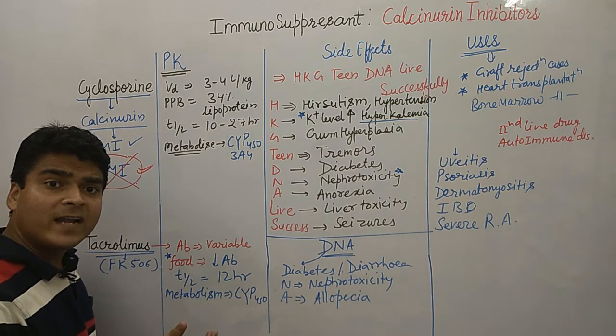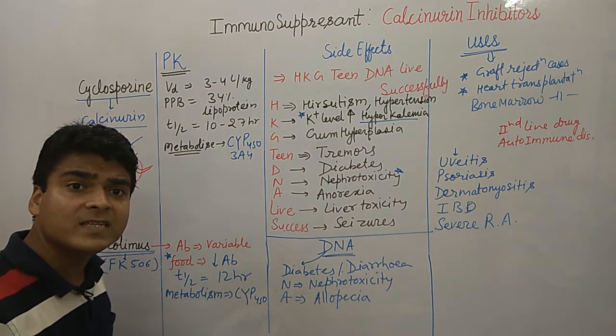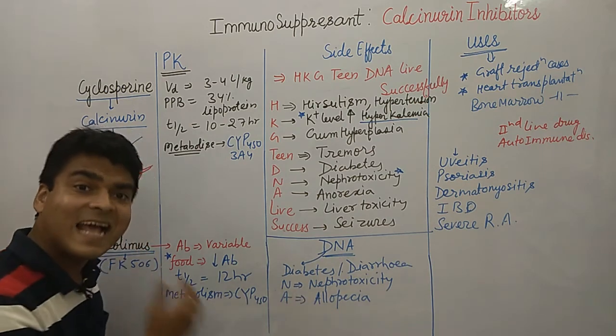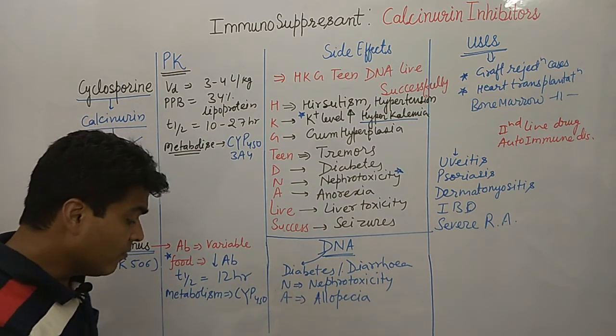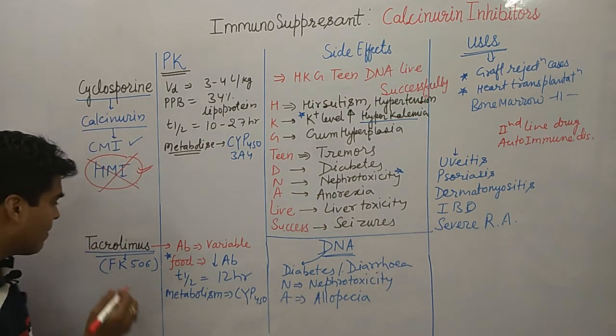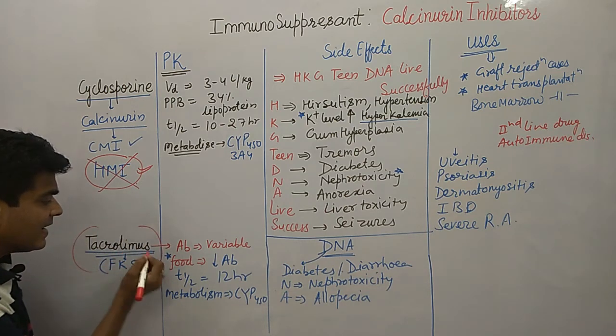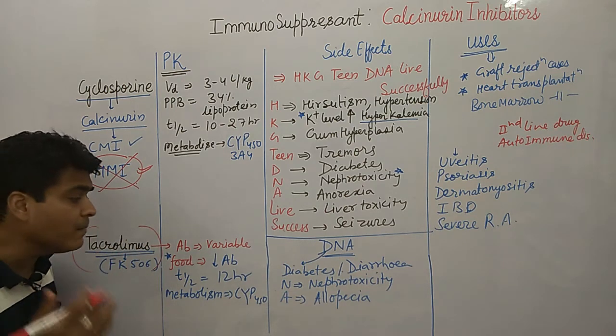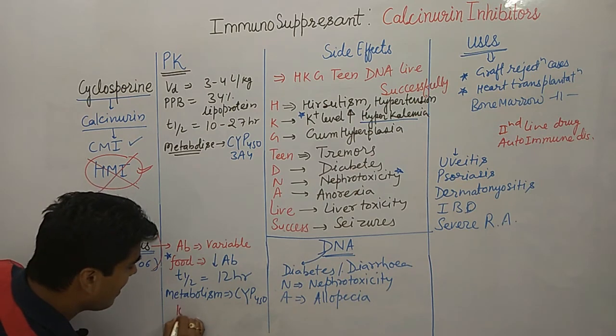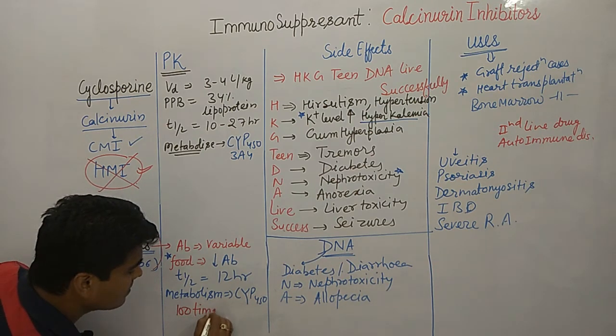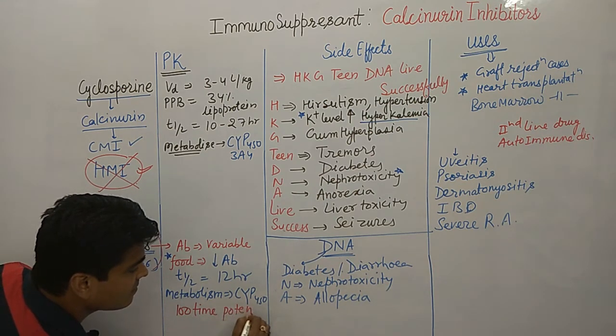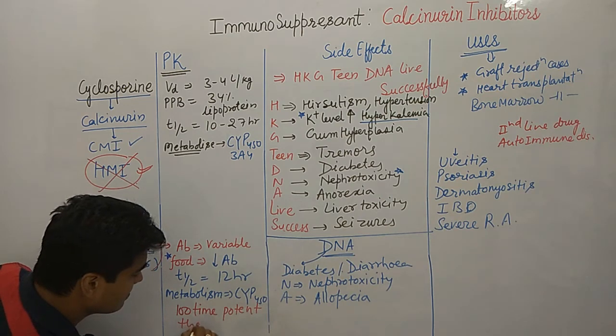That is an important point as far as clinical use is concerned, because it produces fewer side effects. One more thing you must learn about tacrolimus is that it is 100 times more potent than cyclosporin.